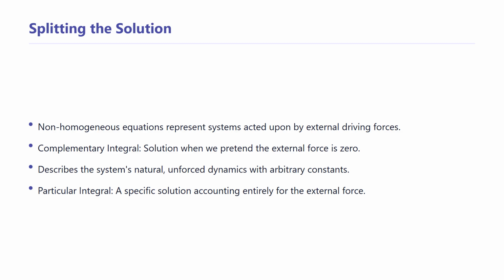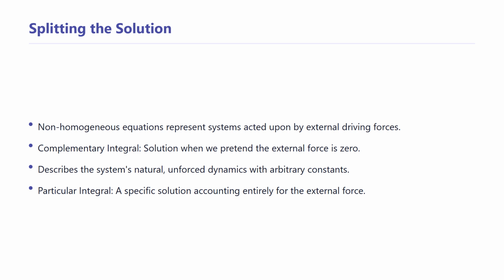Now that we have our bicycle analogy, let us look at how this translates into formal mathematics. In the study of differential equations, a system acted upon by an external driving force is represented by a non-homogeneous equation. To solve it, we split the solution into two distinct parts. First is the complementary integral.